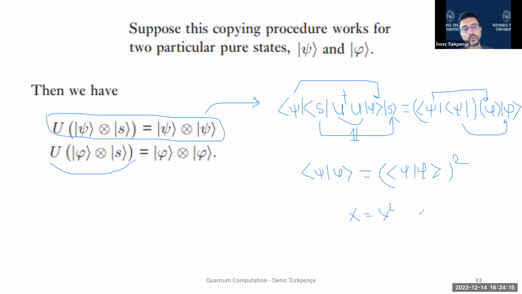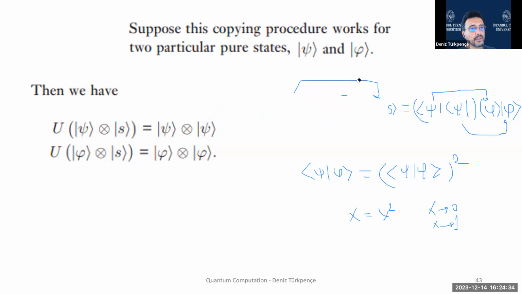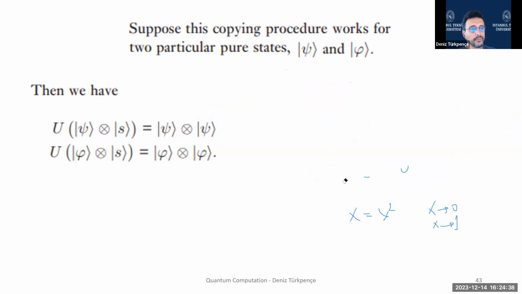Okay. So what is the solution of this equation? The solution of this equation is x equals 0 or x equals 1. Okay. What does it mean? What did I find? Let's try to understand this. But first, I want to erase all these things because I have already found this.